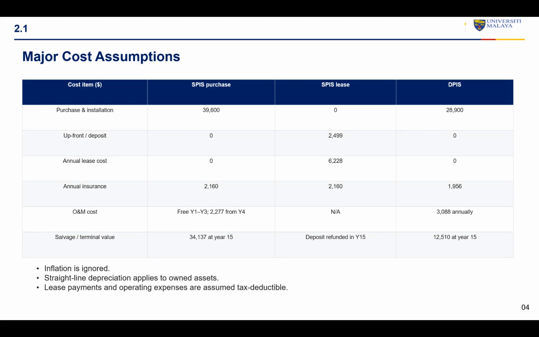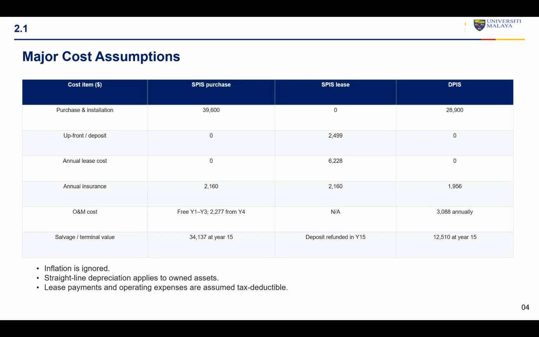SPIS purchase has free O&M for the first 3 years, followed by $2,277 per year, while DPIS has annual O&M of $3,088.